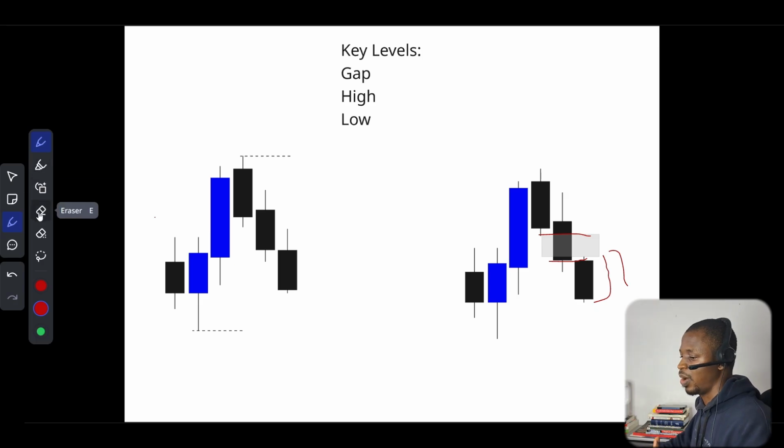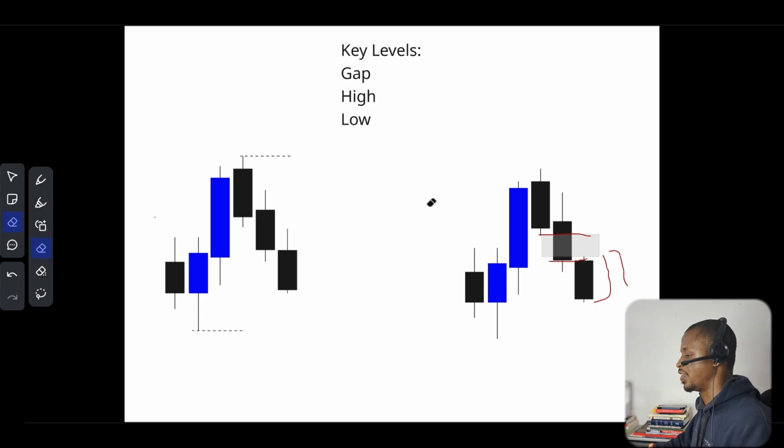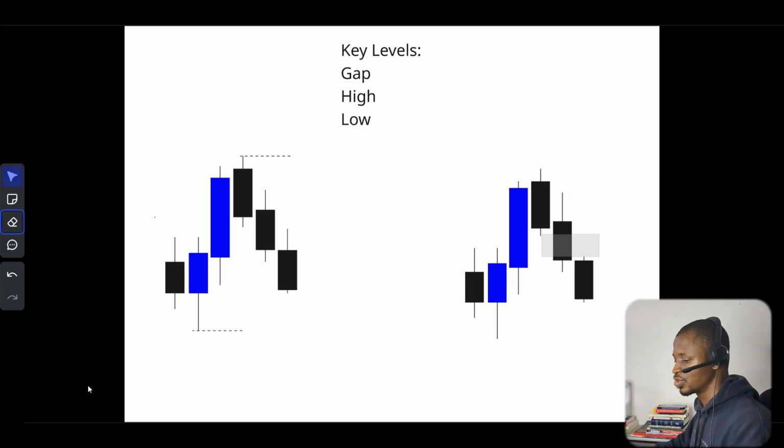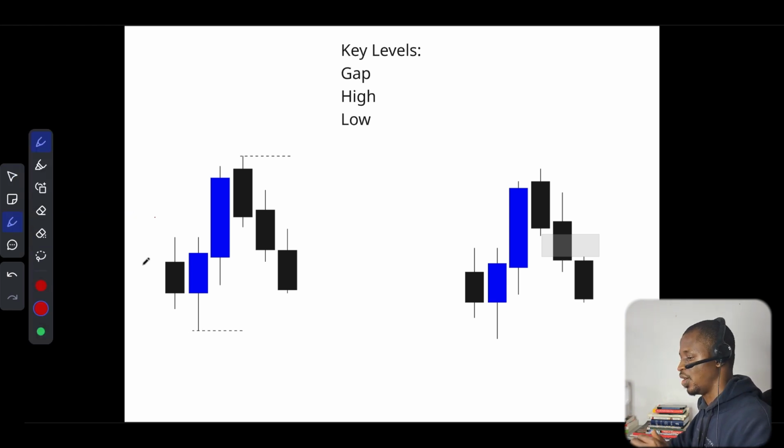So I will go further and show you more how to trade this in a logical approach, and I'll equally go to my chart and show you a series of examples that you can use to mark your key level, and equally how you can trade it live on the chart. So let's check the next slide, where I will teach you how to trade if the candle taps into your key level and eventually closes within the key level.